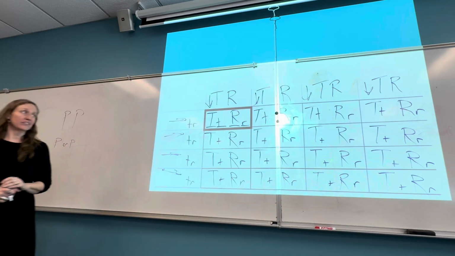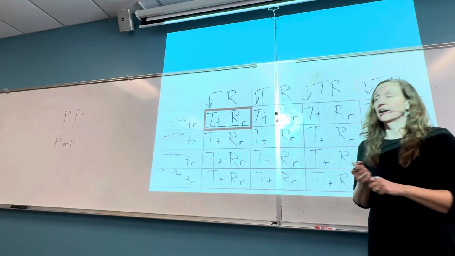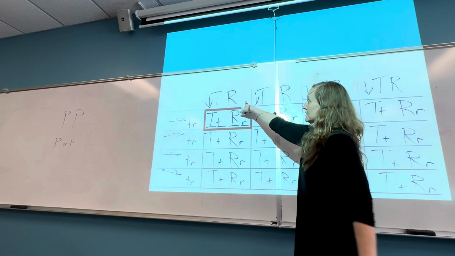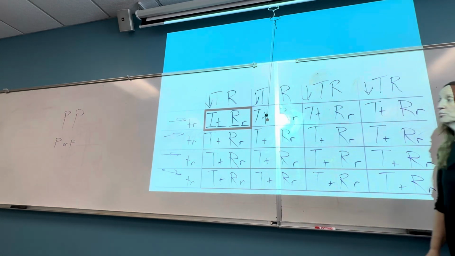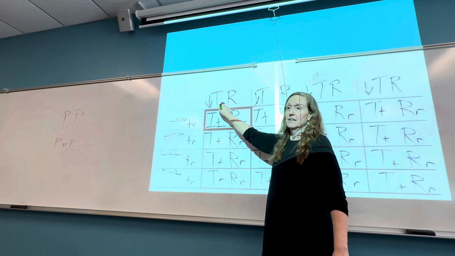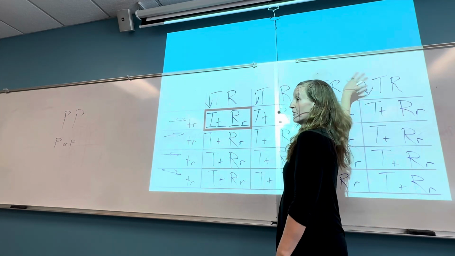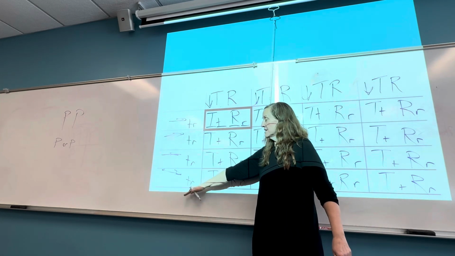I highlighted the first box because if you like that shortcut idea, these are all 4 the same. So if you want to do the shortcut, you only have to represent one of each kind. You could get rid of these 3 other columns. And if you want to do the shortcut on this parent, you could get rid of these.